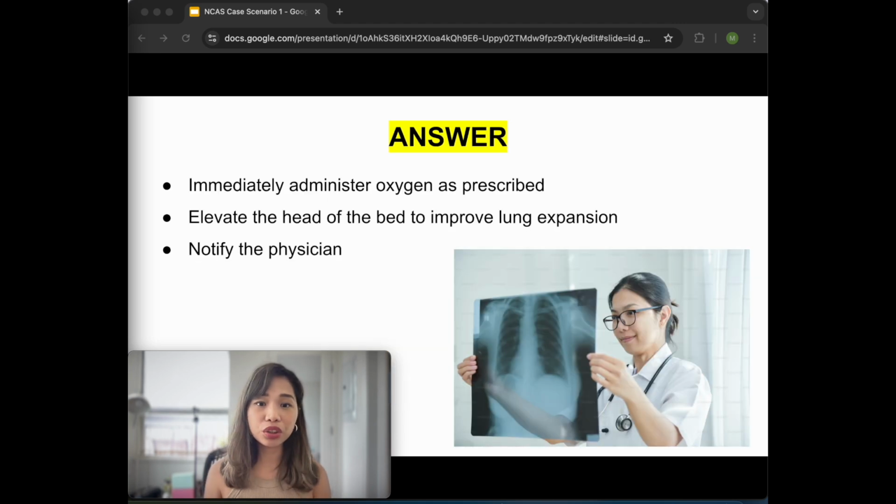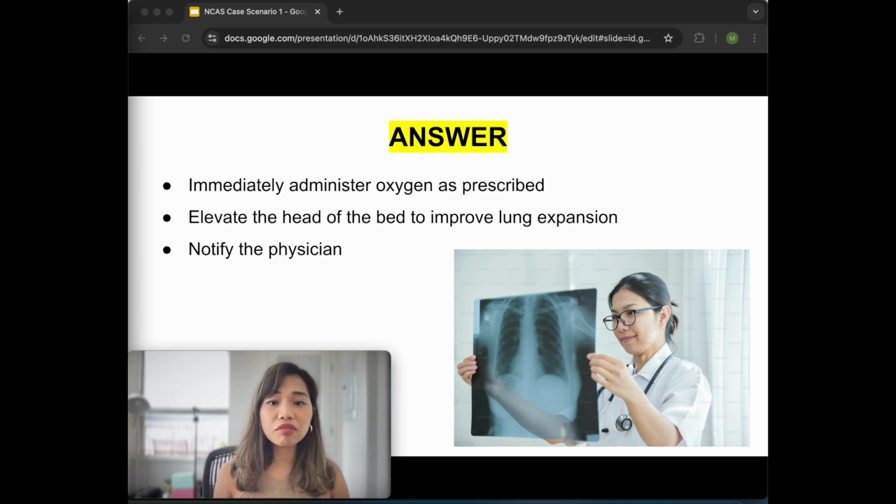Next step that you need to do is immediately administer oxygen as prescribed. Main thing I'm going to tell you, a lot of my students make this mistake, is they give oxygen right away. Always remember that before you do any nursing intervention, especially any medications, even oxygen, you need to have information. You have to do assessment first.